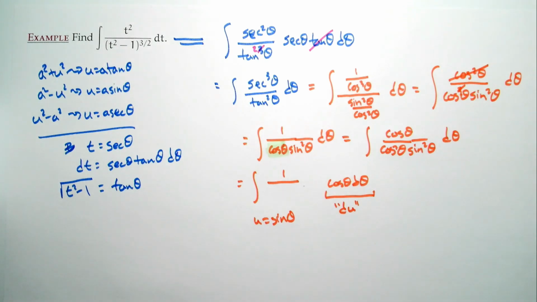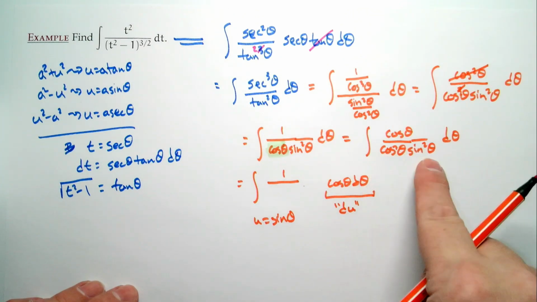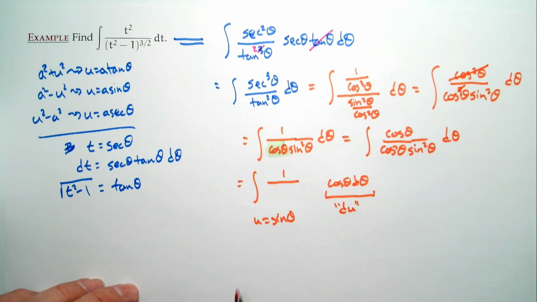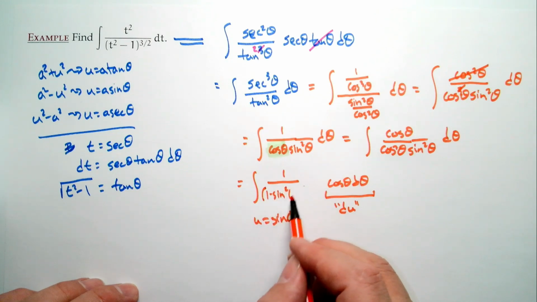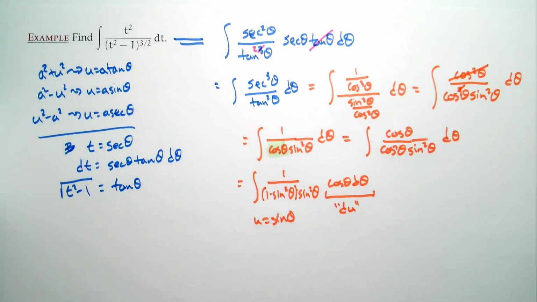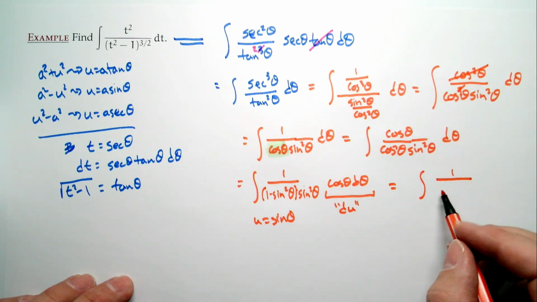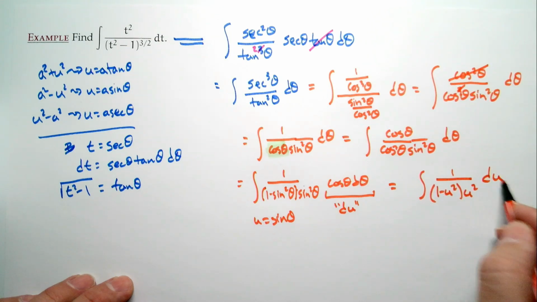So, all right, now what? Well, the thing is, everything has to be in terms of sine. That cosine squared is no good to us. What do we do with that cosine squared? It's 1 minus sine squared times sine squared. And now we've got our substitution, and life is good. So this becomes the integral of 1 over 1 minus u squared times u squared du.